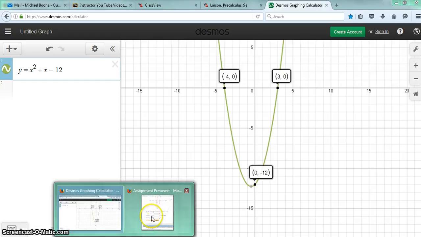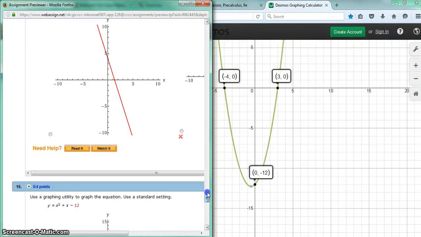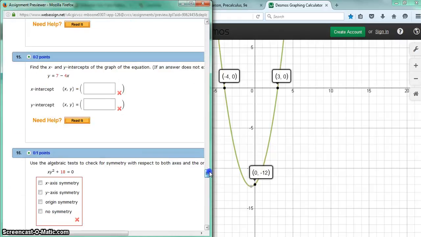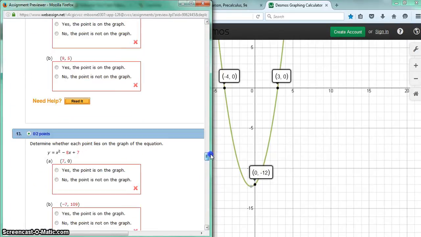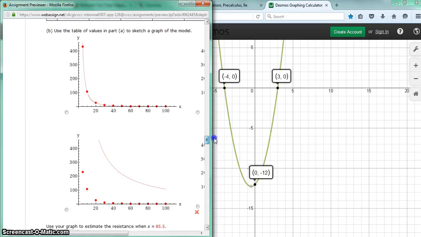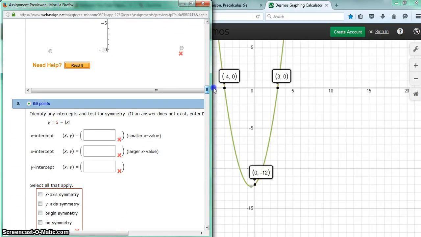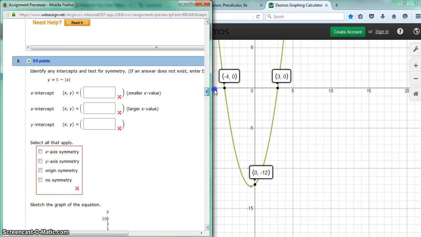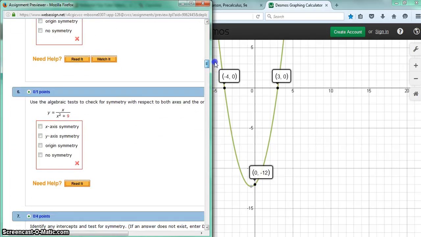There is something with the homework. It was talking about symmetry. And if we look at some of these, they talk about using an algebraic test.